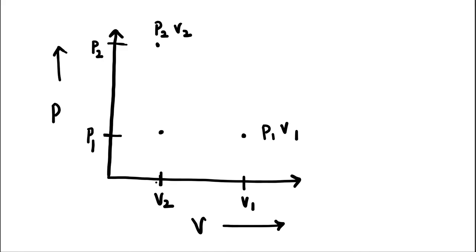Now let's take a condition: V1 is higher than V2. You can see this is on the right side, this on the left side. Therefore V1 is bigger than V2. Obviously, with respect to Boyle's law, P2 must be greater than P1. So they always have an inverse relationship.